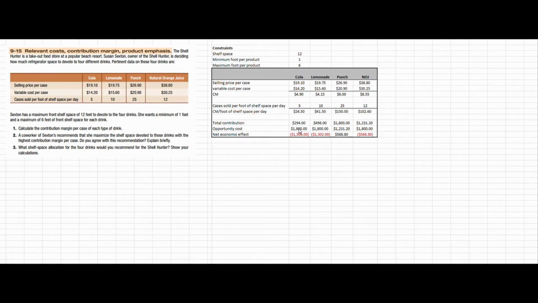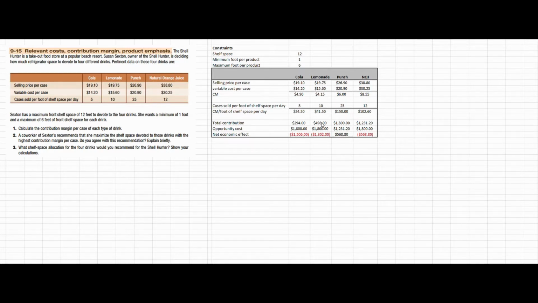Now, how do I measure what that opportunity cost is? It is the contribution foregone by my next best alternative. Well, if I dedicate 12 feet to cola, I cannot dedicate it to something else, and the best other alternative would have been punch. So the opportunity cost of dedicating all 12 feet to cola is $1,800, and my net economic effect is a negative $1,506.